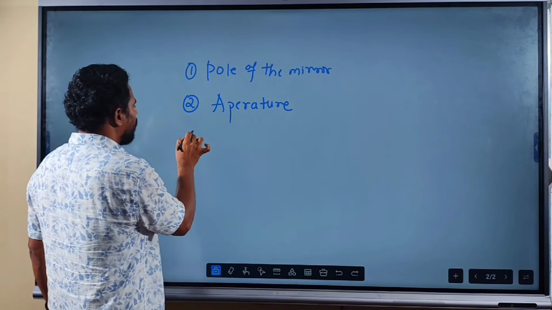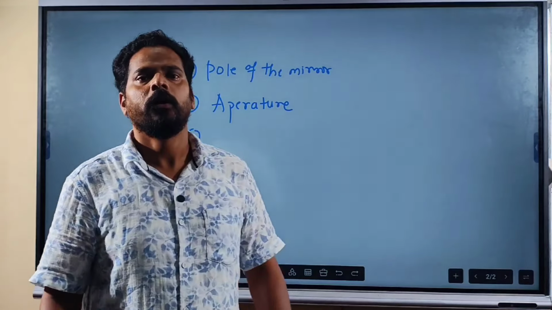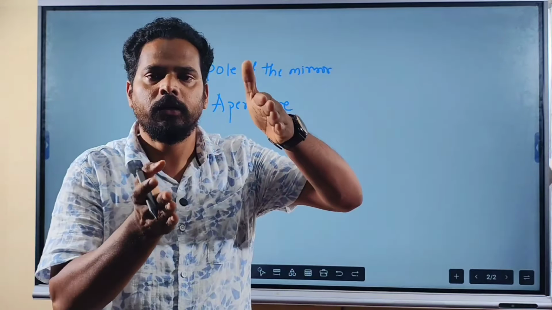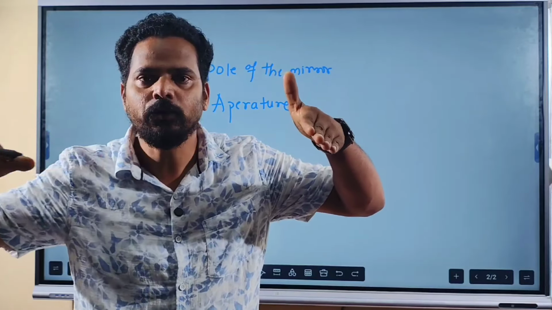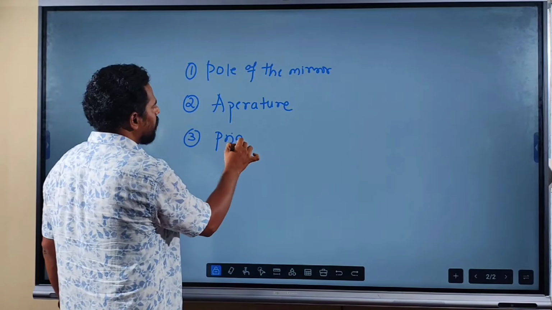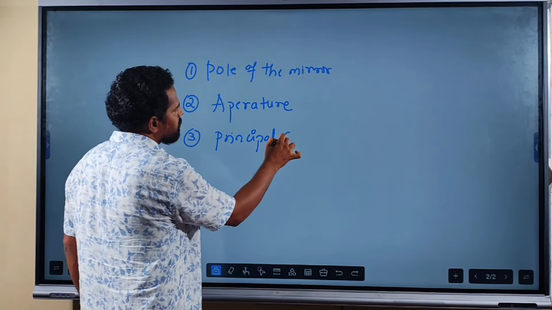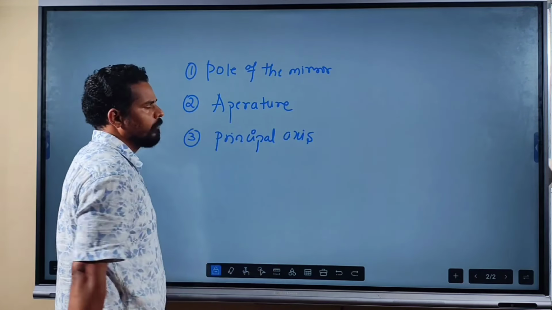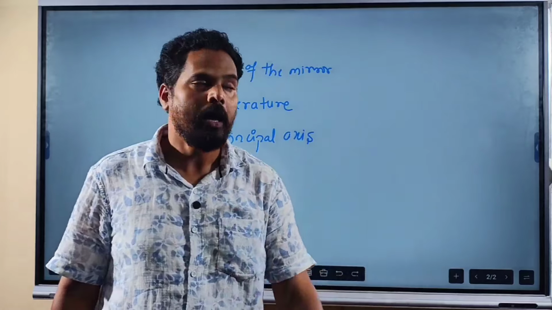Third, the straight line passing through the pole of the mirror is called principal axis.